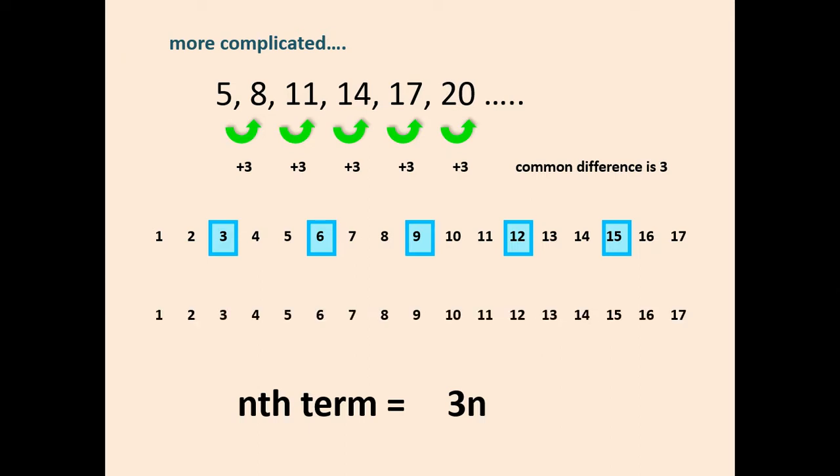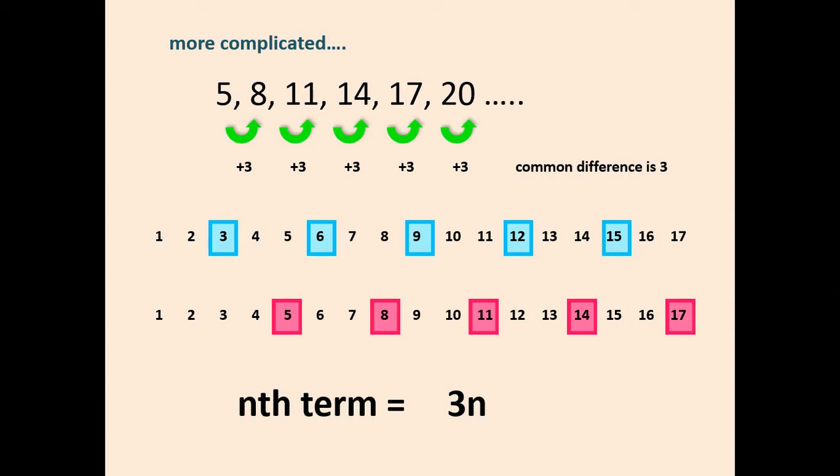Now, if I list down the sequence that we were given to begin with, what is our sequence? My sequence is 5, 8, 11, 14, 17, and so on. Now, the question you need to ask yourself is how to get from the times table to the sequence.